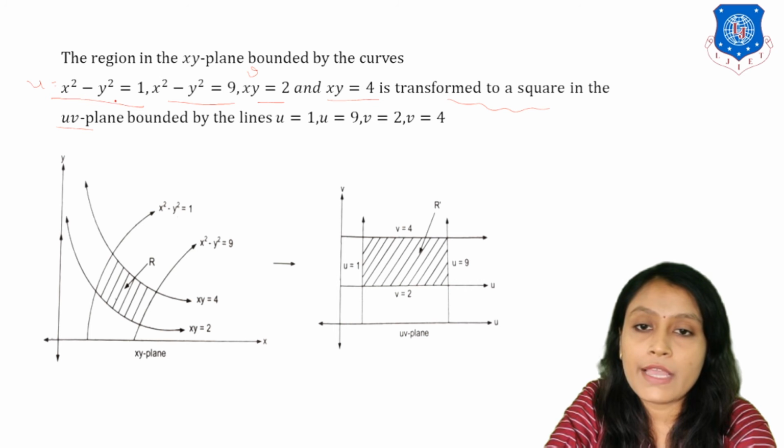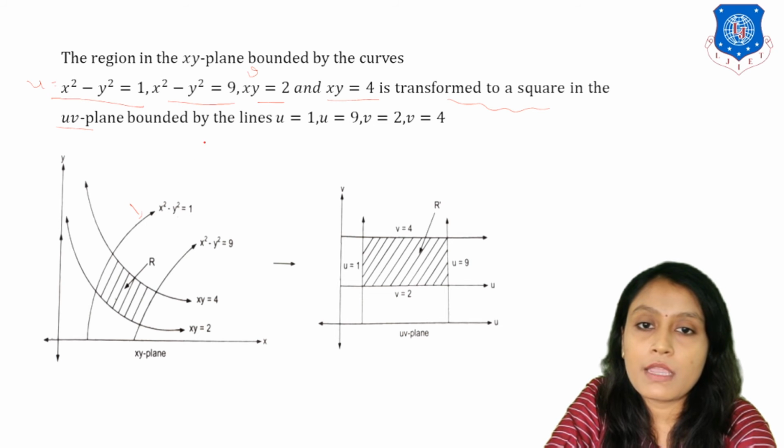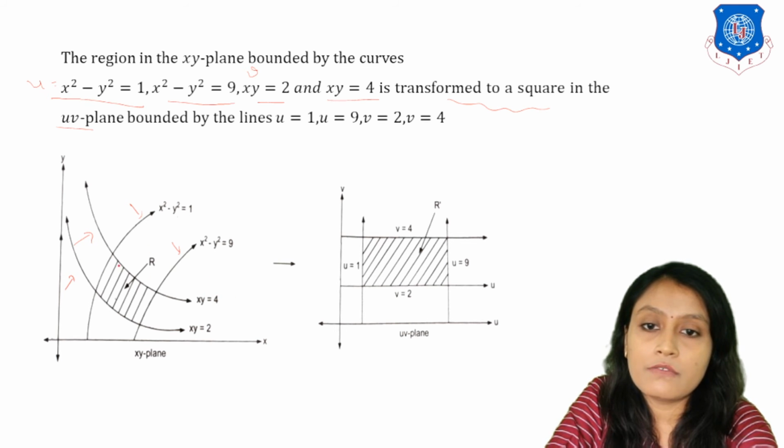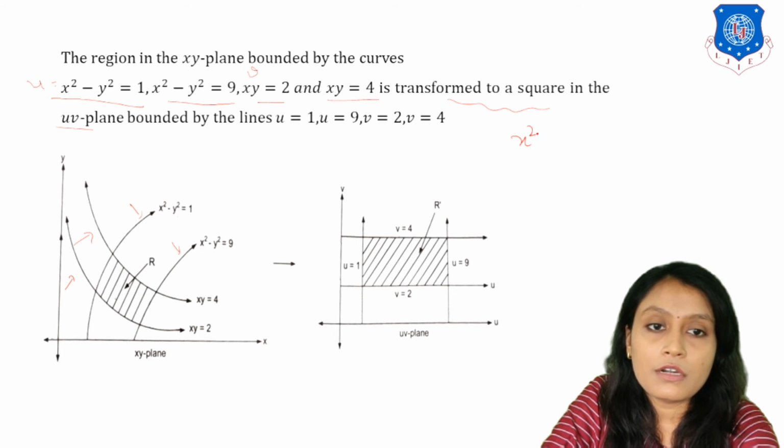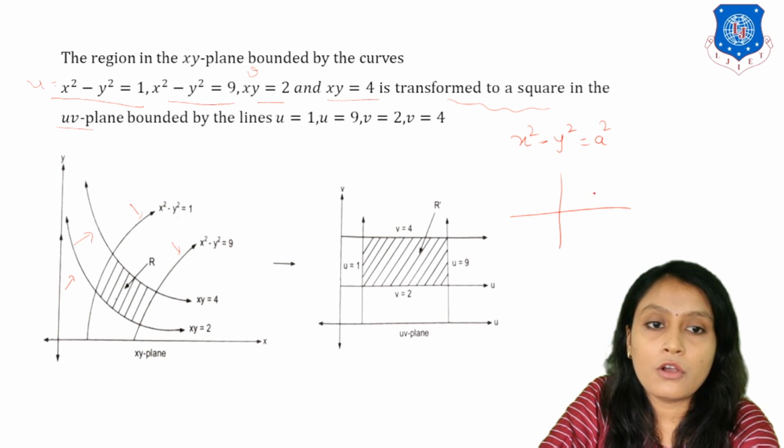So the graph of x² − y² = 1 is drawn here. The graph of x² − y² = 9 is here. The graph of xy = 2 is here and the graph of xy = 4 is here. So if your graph is of the form x² − y² = +a², the graph will be on the x-axis like this.